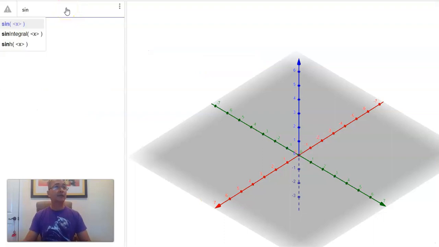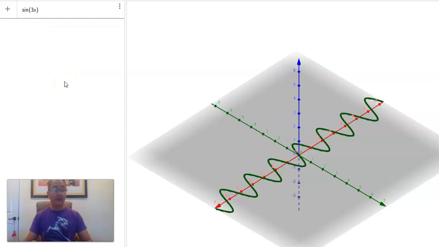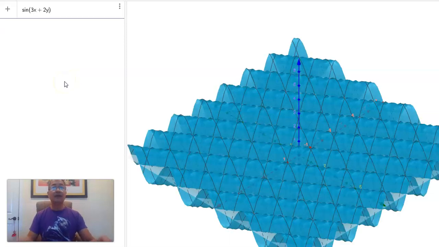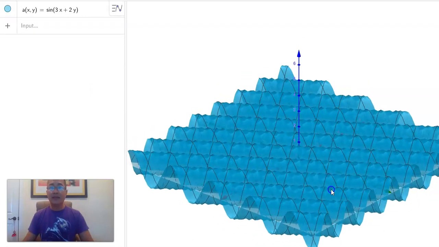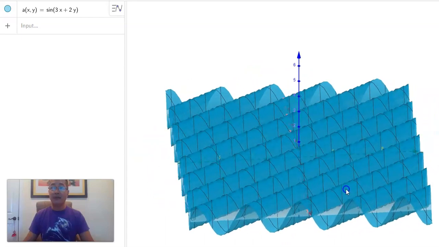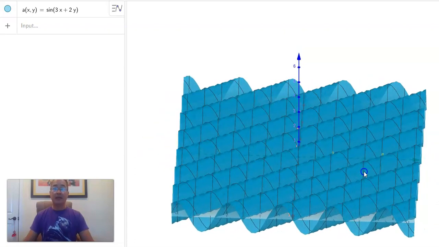So let's input sine of 3x plus 2y. Ooh, oh my. Okay, so of course, it looks like there's some kind of periodicity going on here. See how those waves seem to be repeating themselves.